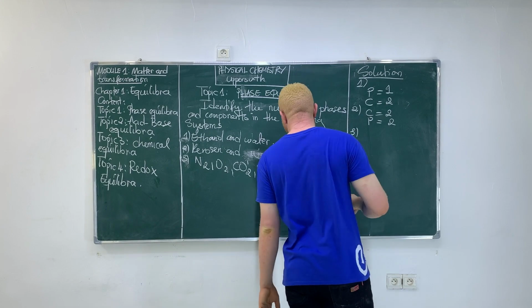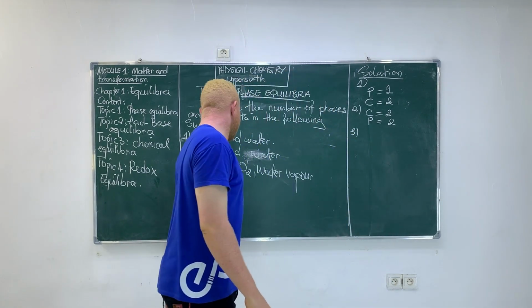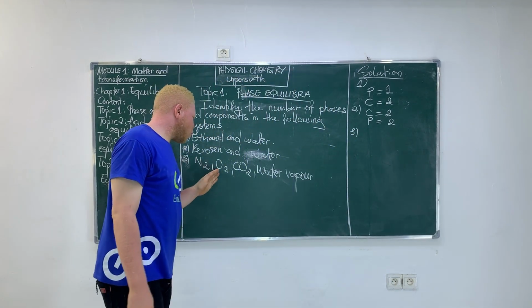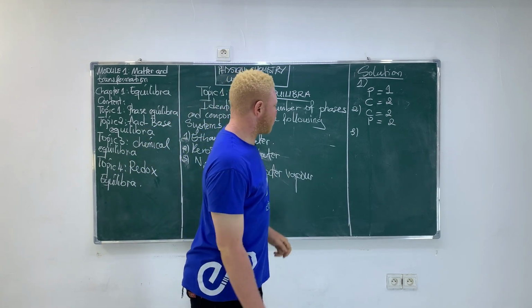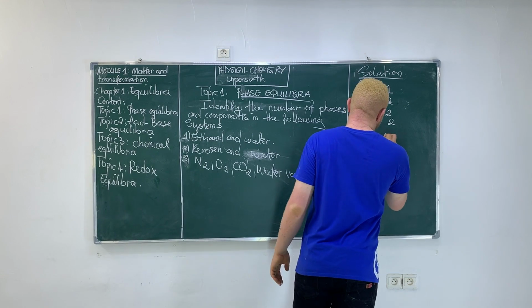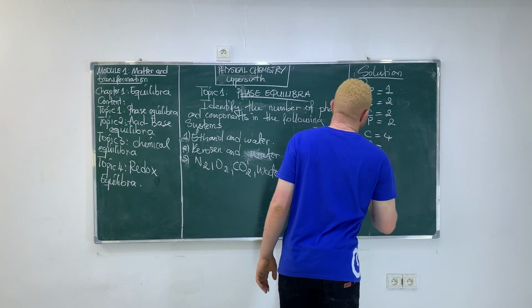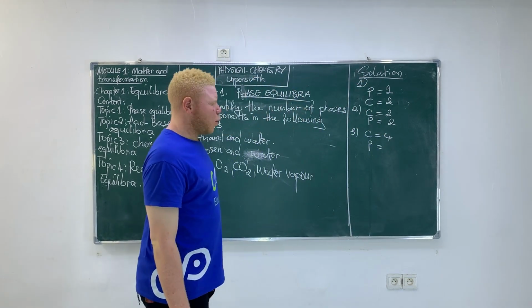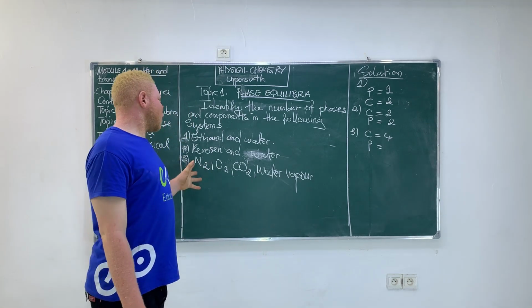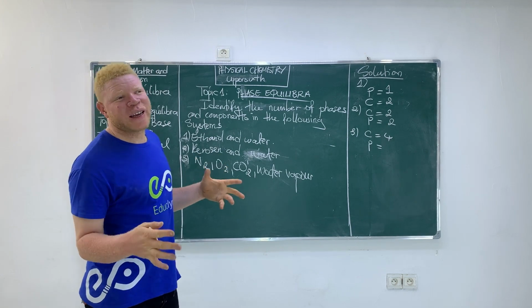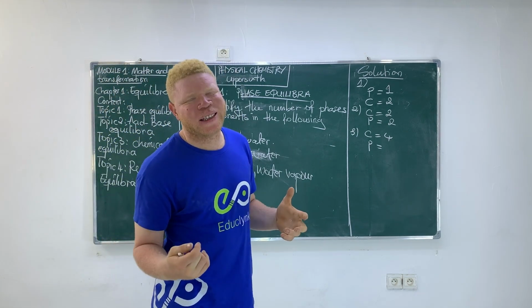Three. So let's look at air. One, two, three, four gases, but they form only one component. All of these are components of air. Air is a mixture of gases.